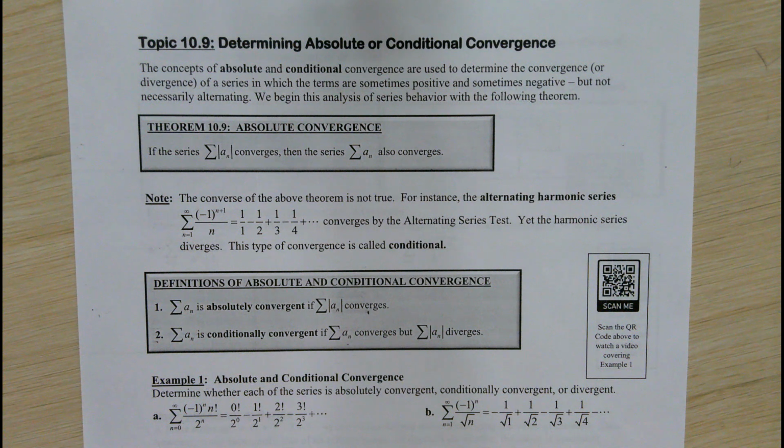So the topic here is about the difference between absolute and conditional convergence. What we're doing is trying to think about what type of convergence is happening in series where there are negative terms sometimes. So it doesn't have to officially be an alternating series. It doesn't have to be half positive terms, half negative terms, although we often use this idea when it comes to alternating series.